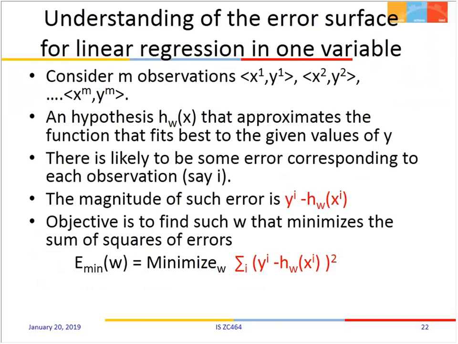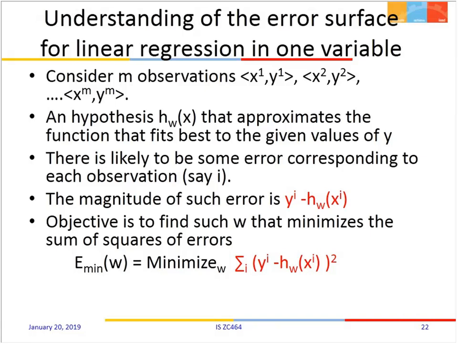Any hypothesis hw, why I am writing hw for f is only because its optimal characteristic is represented by hw, that approximates the function that fits best to the given values of y. So there is likely to be some error corresponding to each observation, say i. The magnitude of such error is yi minus hw(xi).